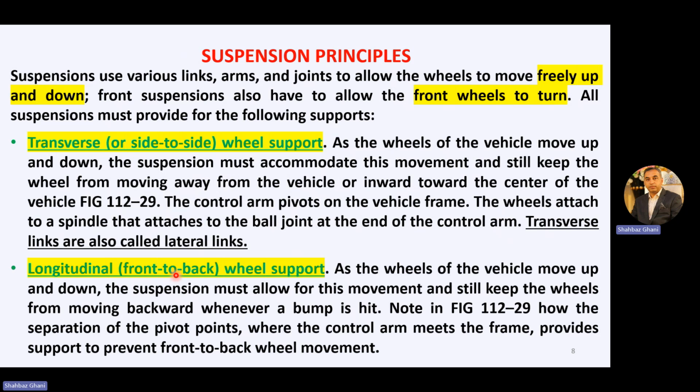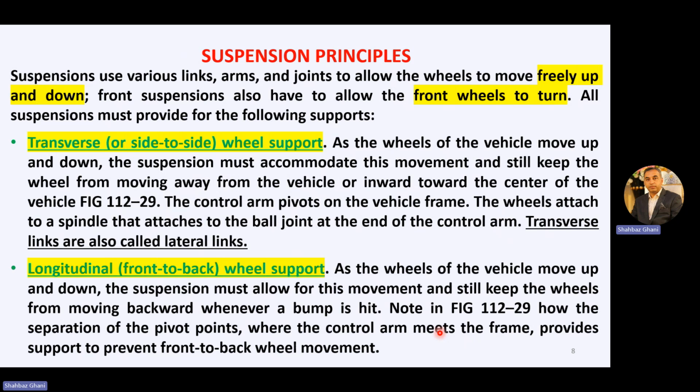The second is longitudinal front-to-back wheel support. Note in the figure how the separation of the pivot points where the control arm meets the frame provides support to prevent front-to-back wheel movement.